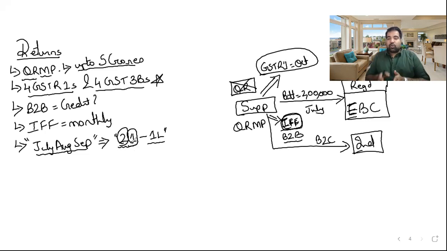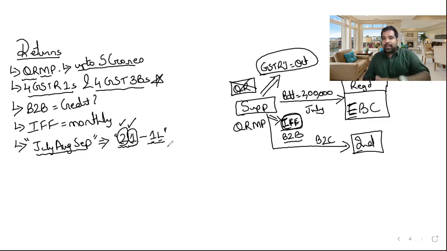Again, I repeat, which quarter are you applying for? July, August, September. So go to the previous quarter, the second month, the first day. So from 1st of May, anytime you can go and ask a CA to opt in for this QRMP. Until when? In the current quarter, the first month, the last day.